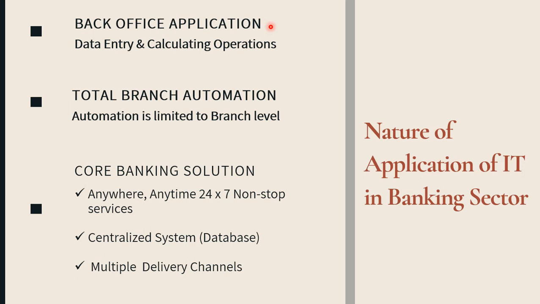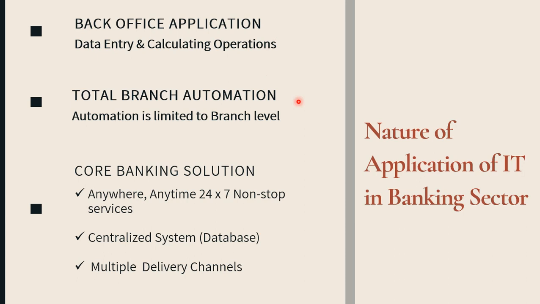The second step of application of information technology is total branch automation. Total branch automation means the bank provided full-fledged automation services at the branch level. One computer of a particular branch is connected with the second computer, the third computer, whatever systems or PCs are available in the bank branch itself; they are all interconnected with each other.